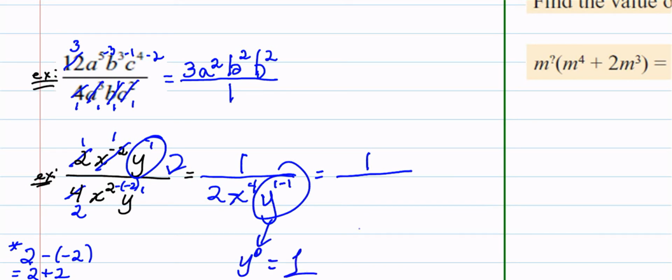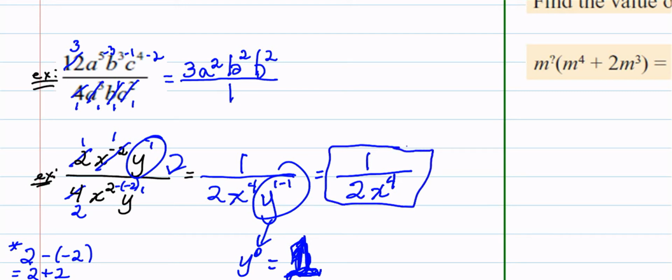Anything, we said earlier, to the 0 power is 1, right? It's my ugly big fat Sesame Street 1, sorry. So 1 over 2x to the 4th power is my answer. There you go. We had some groovy little rules that I showed you in that one.